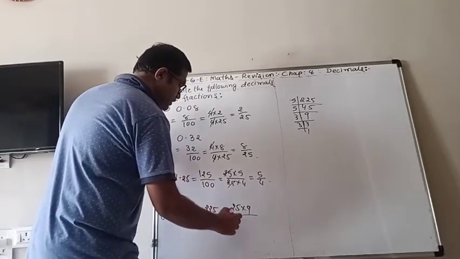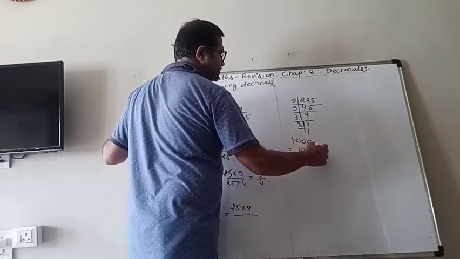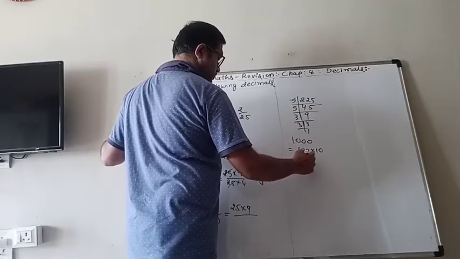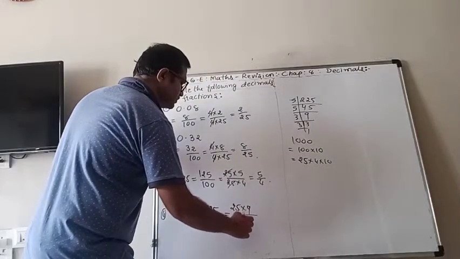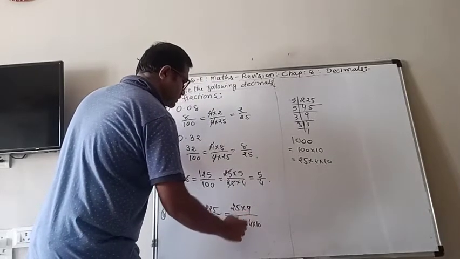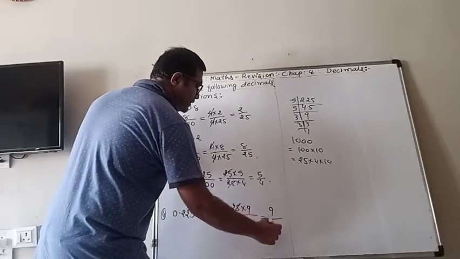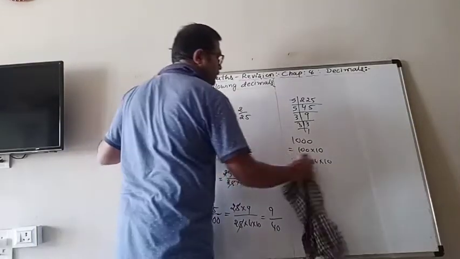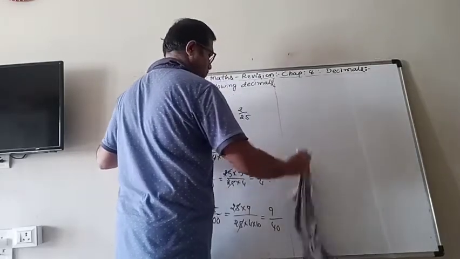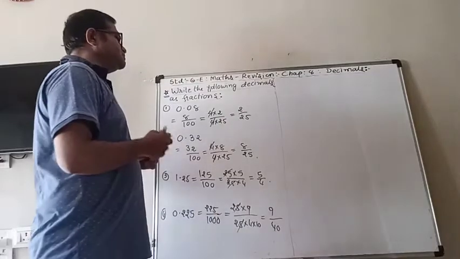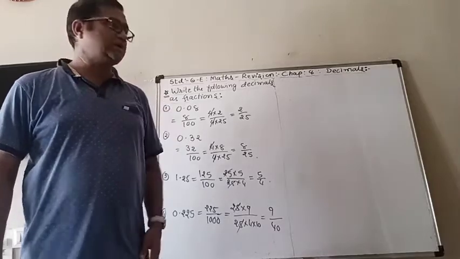Now 1000, we know that 1000 is 100 multiplied by 10, and 100 is 25 4s. So you can write it as 25 into 4 into 10. Now there is no further factorization. So 9 upon 10 4s are 40. So your final answer is 9/40.